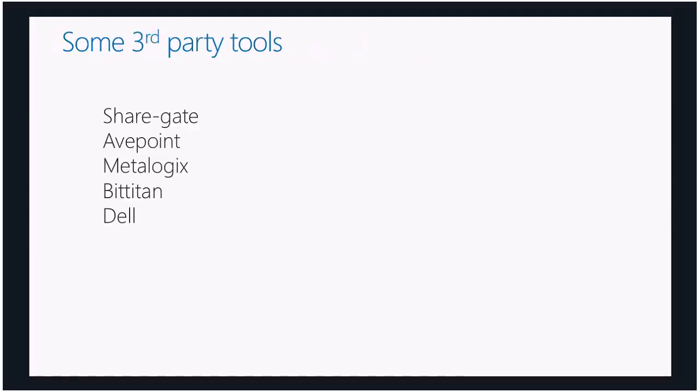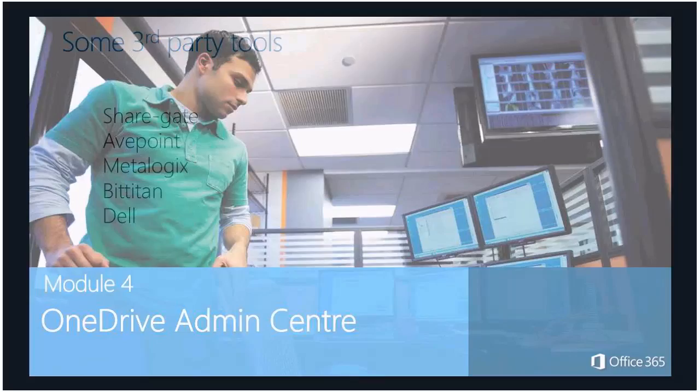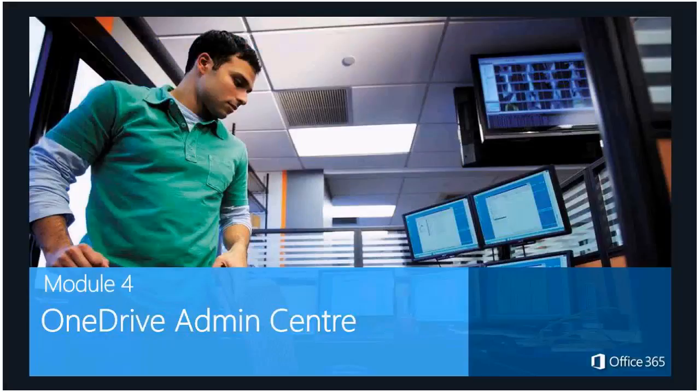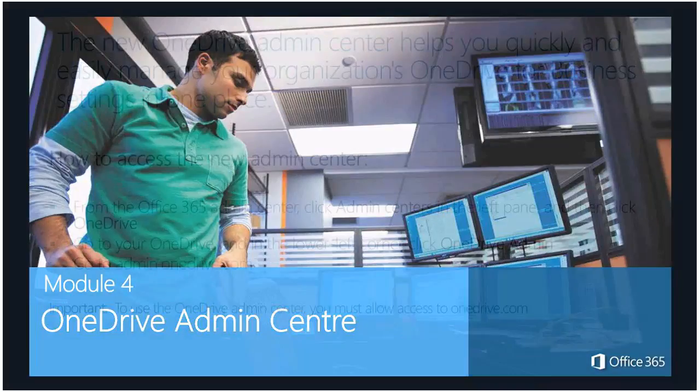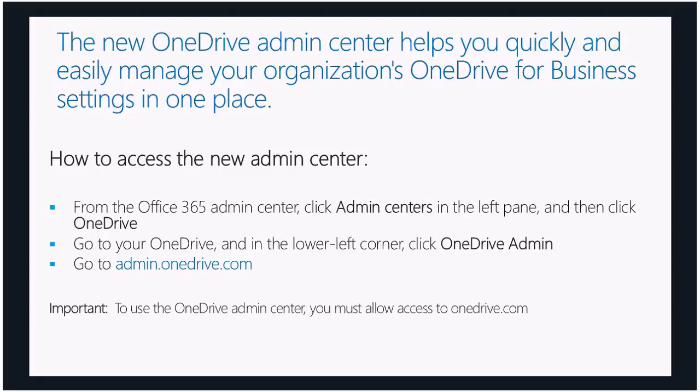Okay. So in Module 4, we will be focusing on the OneDrive Admin Center. The OneDrive Admin Center is actually a new interface that is working in Office 365. You can set up a couple of settings there, and you can configure how exactly the end users work on OneDrive.